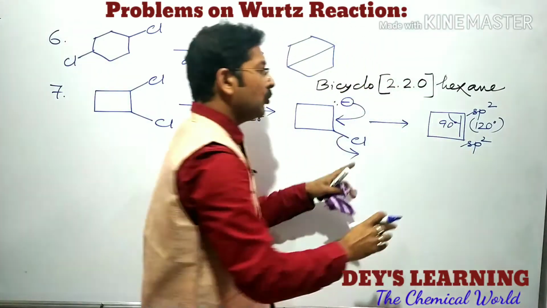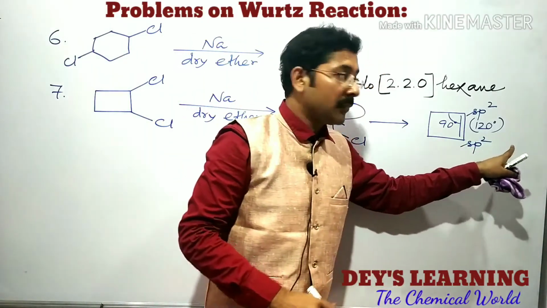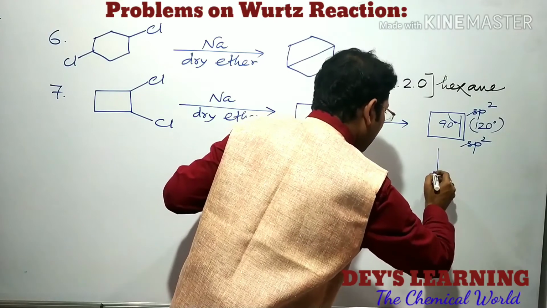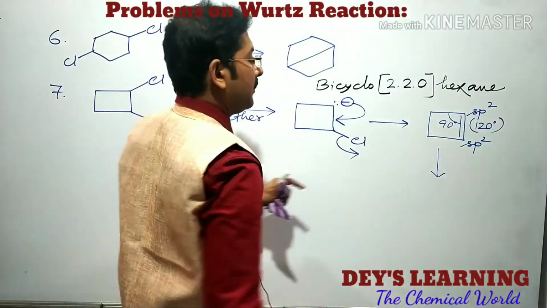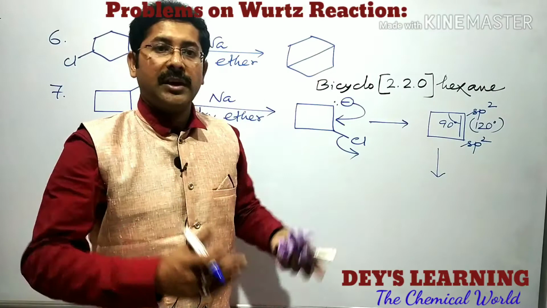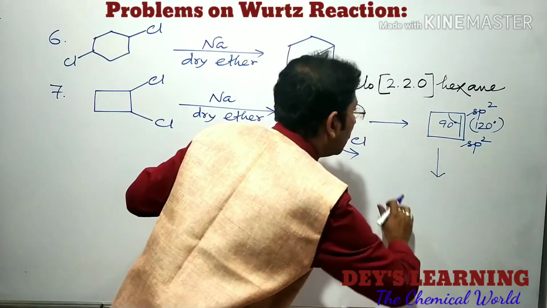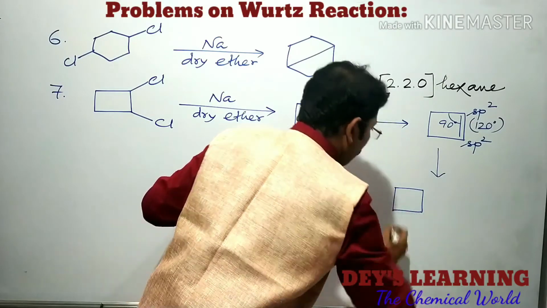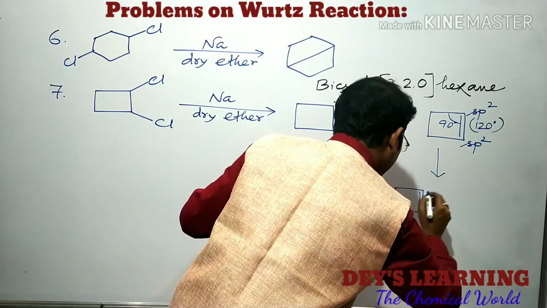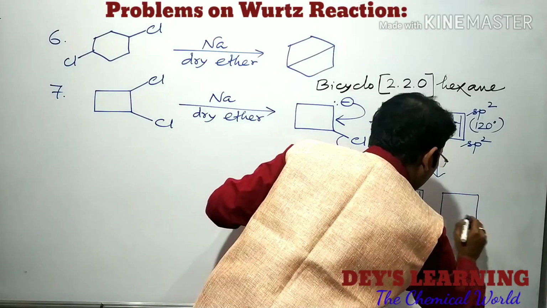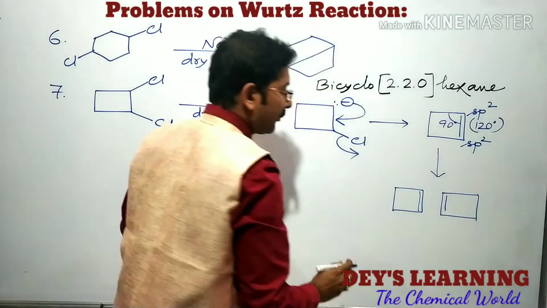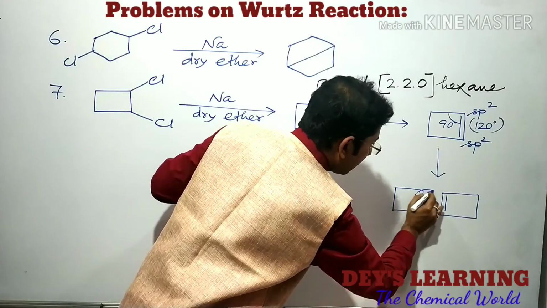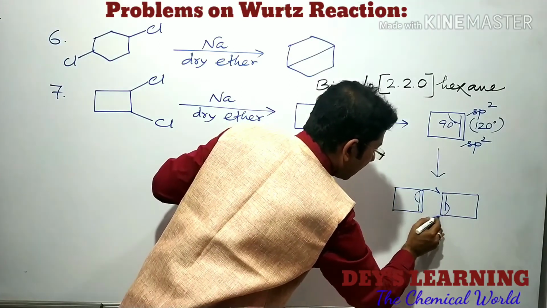So there is huge angle strain. To release this angle strain, this molecule will dimerize. Look at here. There are thousands of molecules over there. So these two molecules will dimerize like this one and this one.